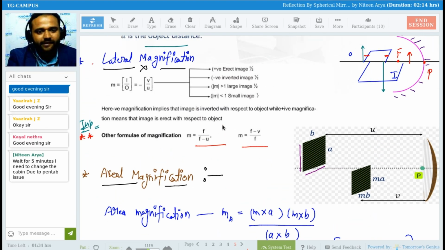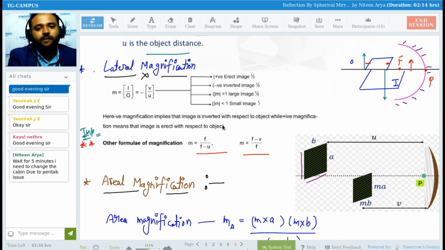And that is how you can get I by O, V by U, again with the help of the mirror formula.